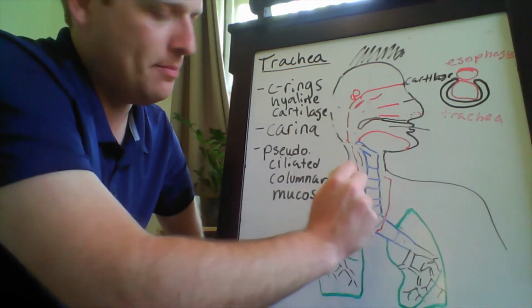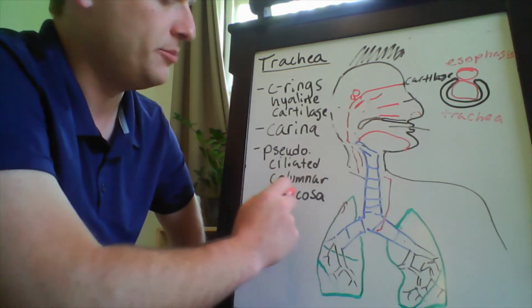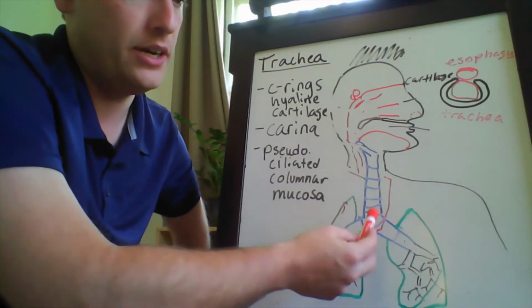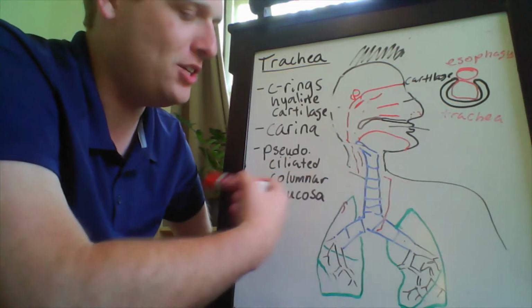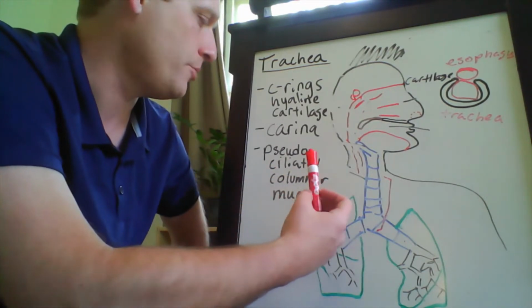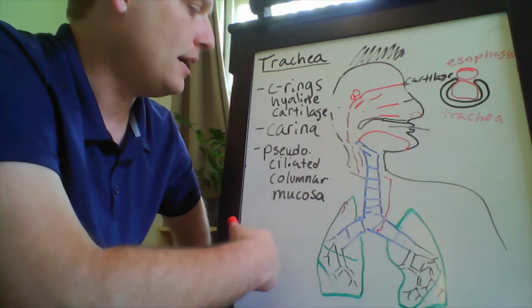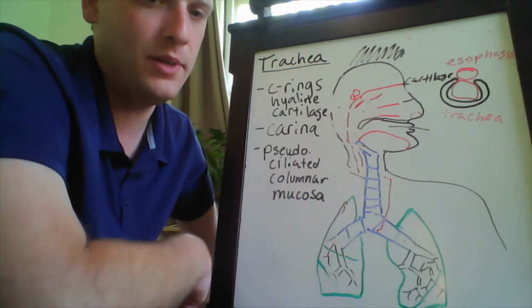The mucosa that makes up the trachea is going to be this pseudostratified ciliated columnar mucosa again. So there's going to be mucus production here. No food should be entering, so we don't have to worry about damaging those epithelia with food particles. But it is still going to be a place where mucus can trap debris.